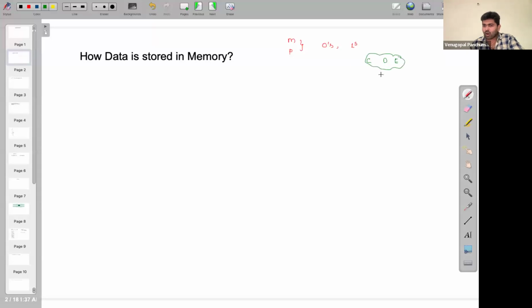All of these in the memory will be stored in the form of zeros and ones. The computer can understand only these two things, zeros and ones. So how is data stored in the memory? In the form of zeros and ones.